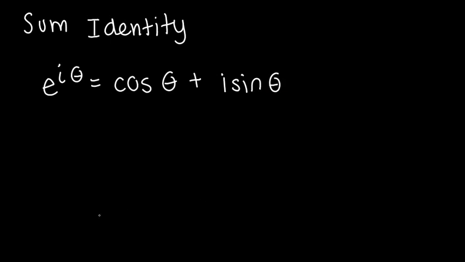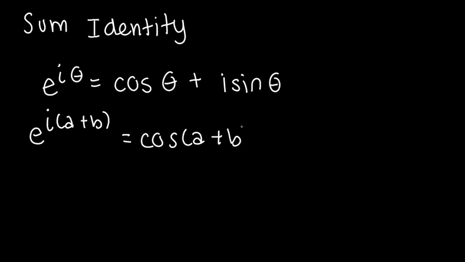And from this, if theta is equal to the sum of 2 different angles, say a plus b, then e to the i of a plus b in parentheses is equal to cosine of a plus b, which is what we want for cosine, plus i of sine of a plus b, which is what we want for the sum identity.